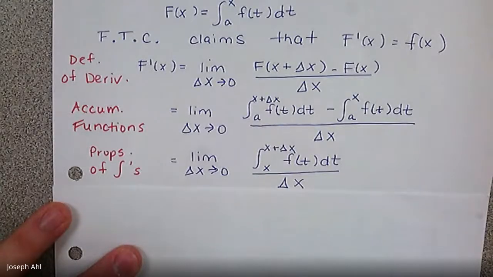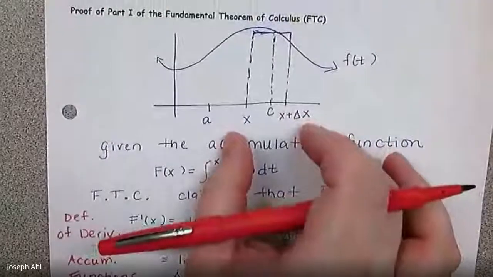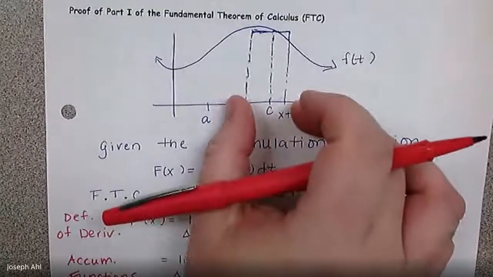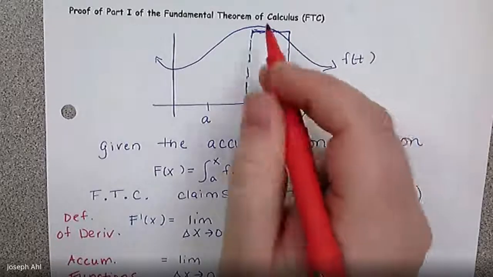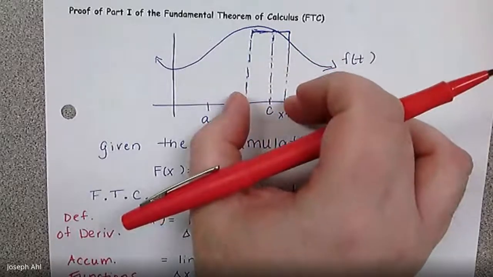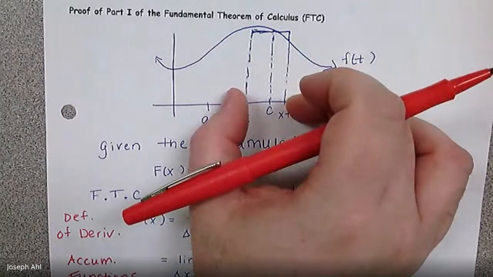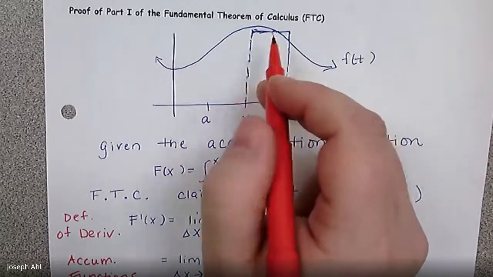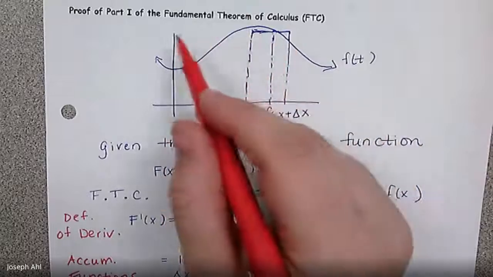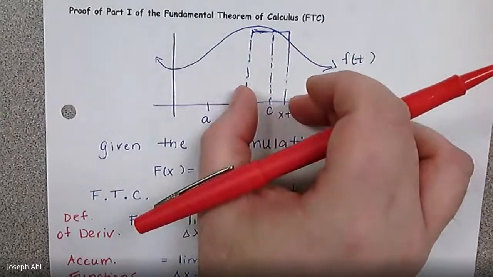Okay. So that brings us back up to the picture for a moment here, and you look at x plus delta x, that accumulated area here. Why do I have this value c in here? Well, remember that the area under this curve, at some point in the process, there would be a value c such that the y average there at c is equal to the area under the curve.